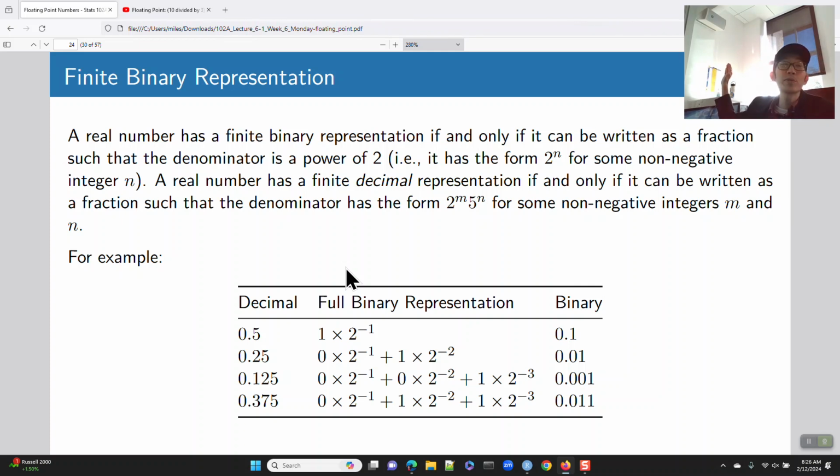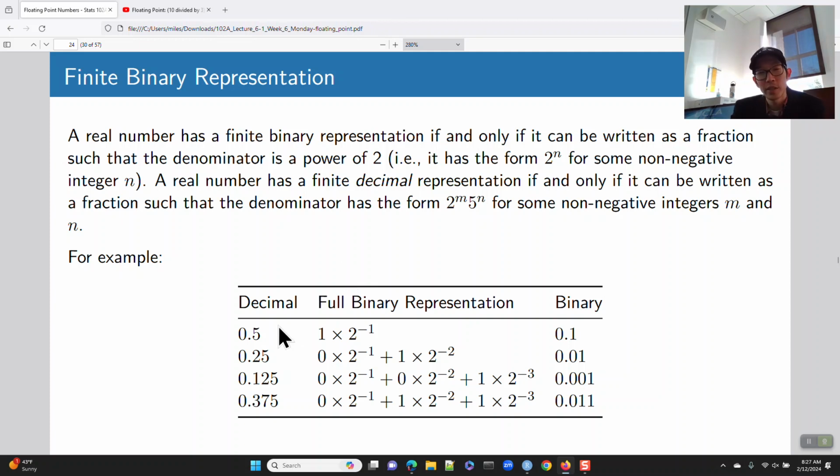Two spaces to the right of the decimal is 10 to the negative 2, your 100th place. In binary, you have the binary point. One place to the right of the binary point would be the halves place, 2 to the -1. Two places to the right would be the quarters place, 2 to the -2. Three places over would be the eighths place.